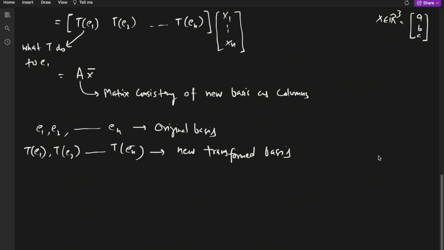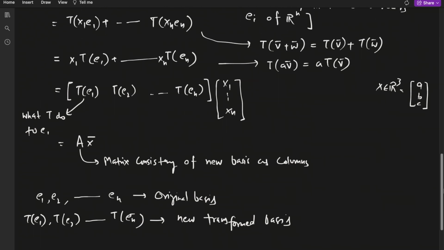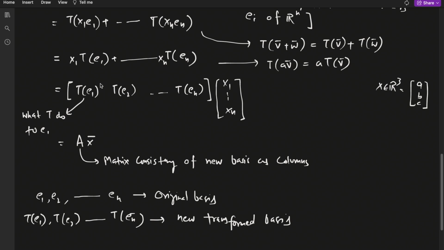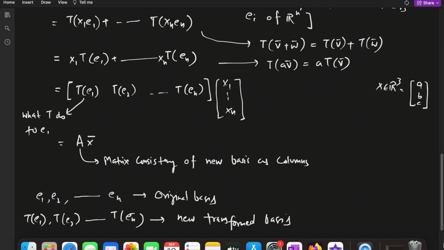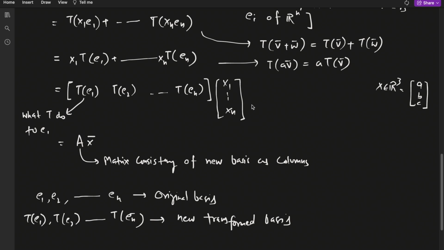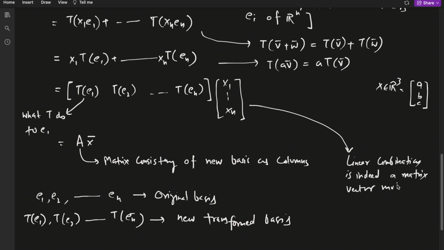But also one thing which is very clear from here, because this thing is AX, right? So this tells us that linear combination is indeed a matrix vector multiplication, right?